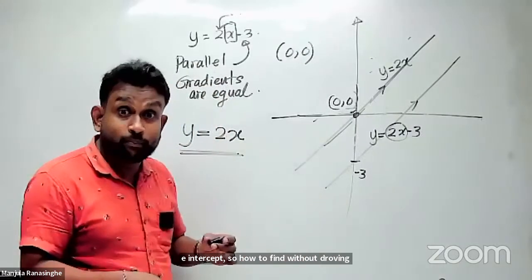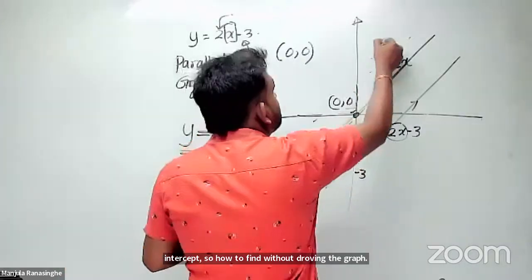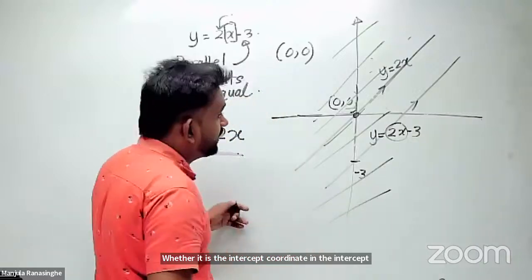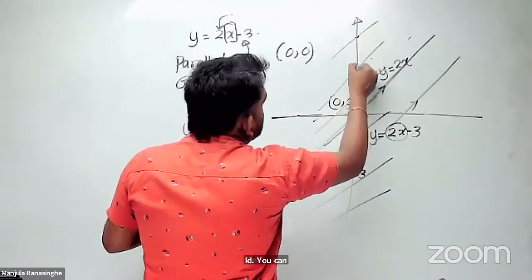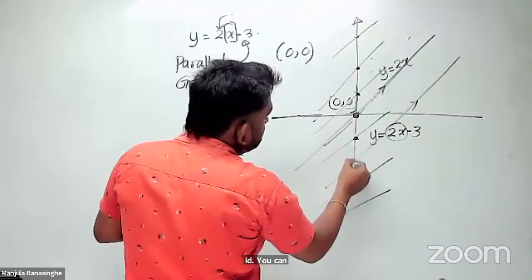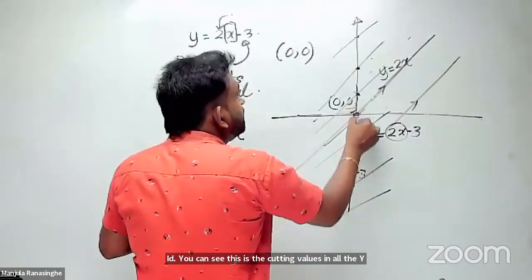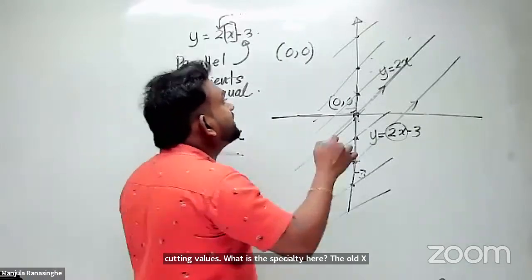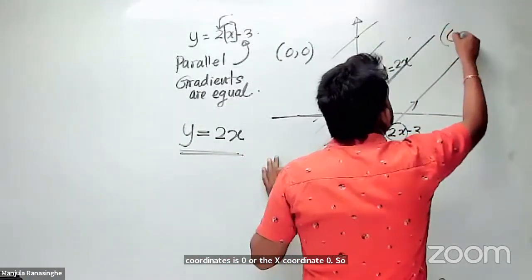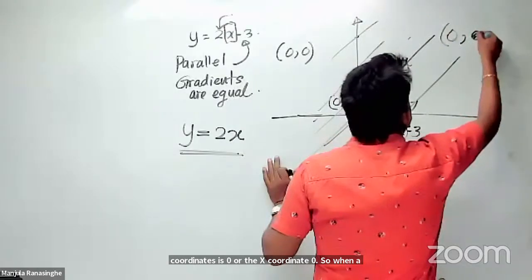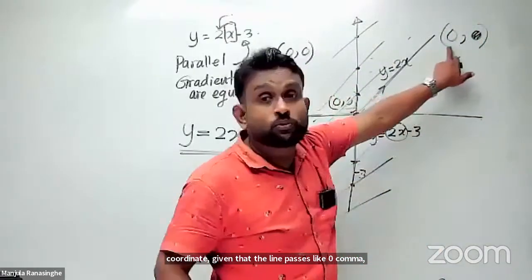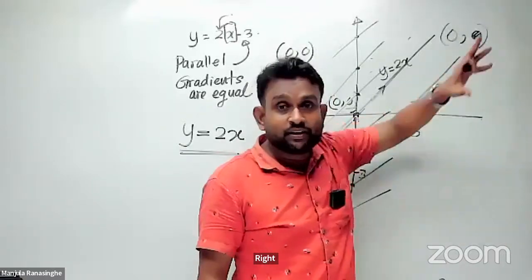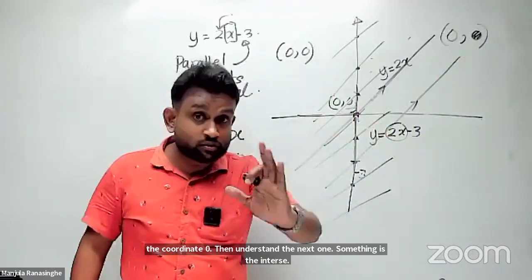At all the y cutting points, the special thing is that the x coordinate is 0. So when a coordinate is given where a line passes through (0, something), the x coordinate is 0, and that something is the intercept. So at the y cutting point, the x coordinate is 0.